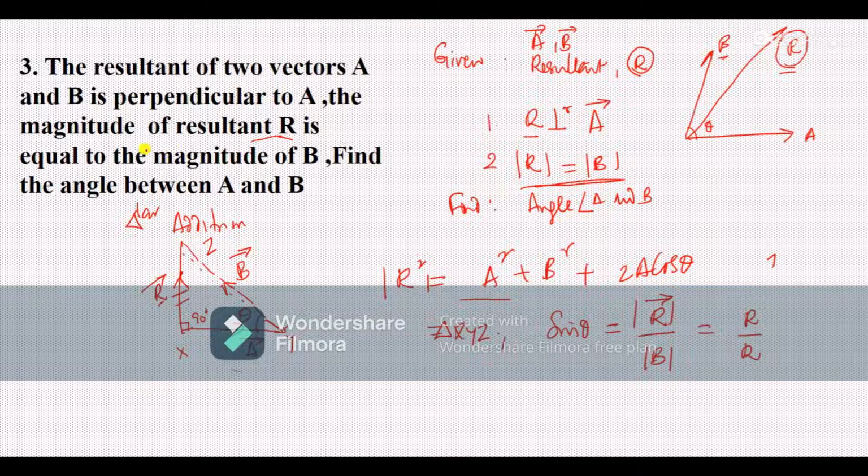There is a typographical error: the magnitude of R is half of the magnitude of B. So it should be corrected here. R is equal to B by 2.